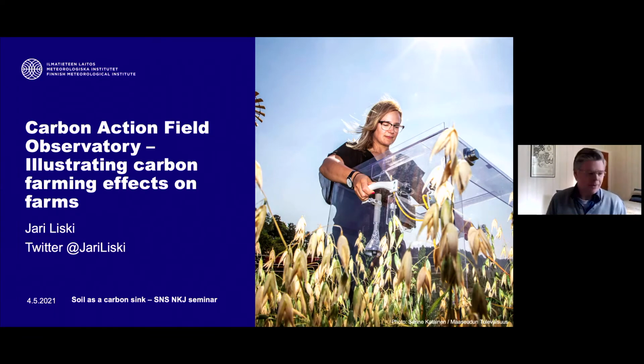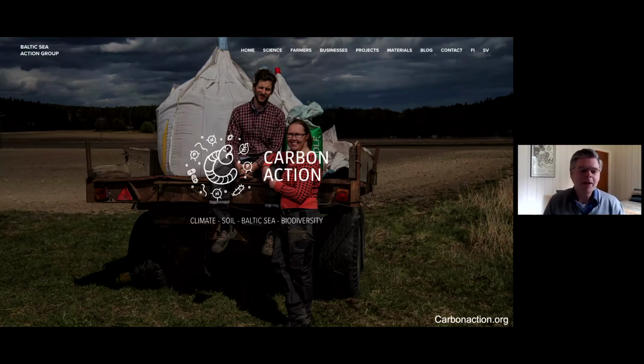Yes, so today I'm going to talk about a field observatory that we have done to illustrate the carbon farming effects on farms. This is a part of an initiative called Carbon Action that was started in 2017 to develop and put into practice regenerative farming methods.